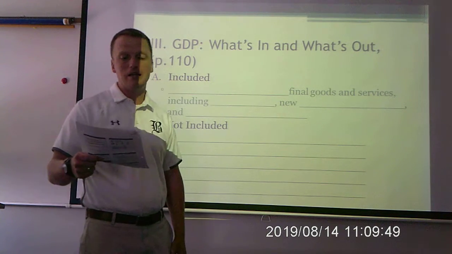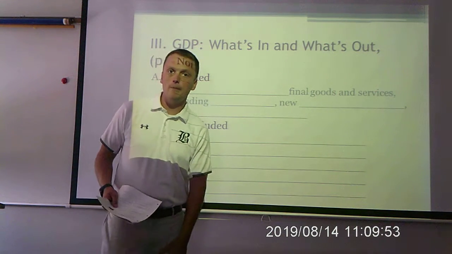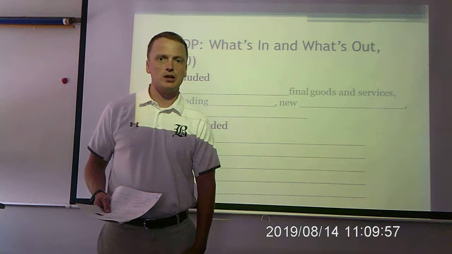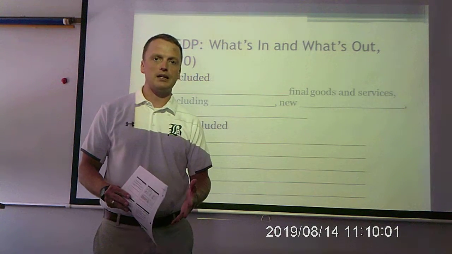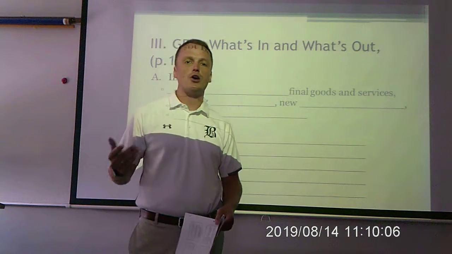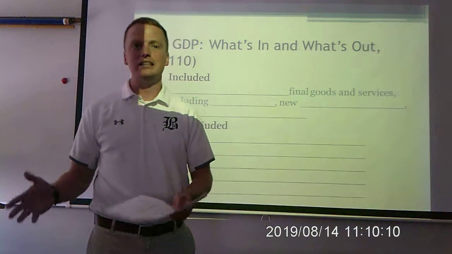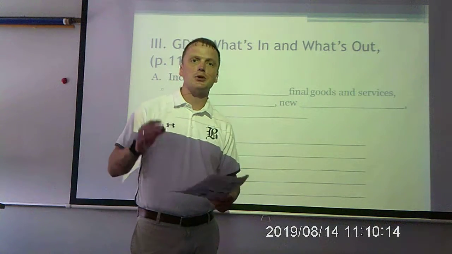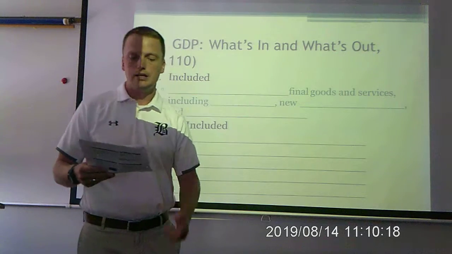Another one is going to be inputs, okay? Meaning anything, and this is very similar to what we just talked about. If it's created in one place, like maybe the engine to a car, right? If it's created in one place, sold, and later placed in the car, sold again, then it has to go in as the total, as the car by itself.